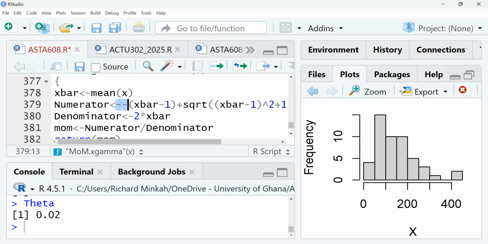Okay, generate your data again and find the moment. Let's see. Something may be wrong. Okay, rerun it again. Who has also gotten negative?